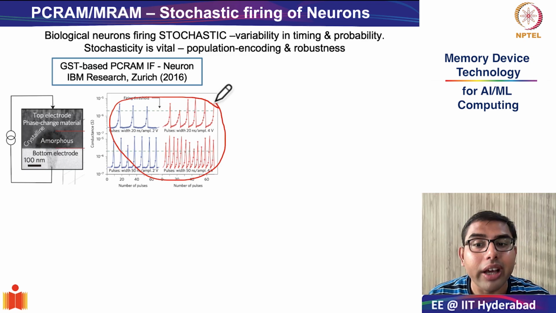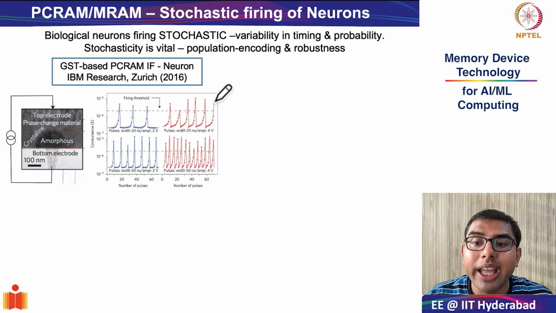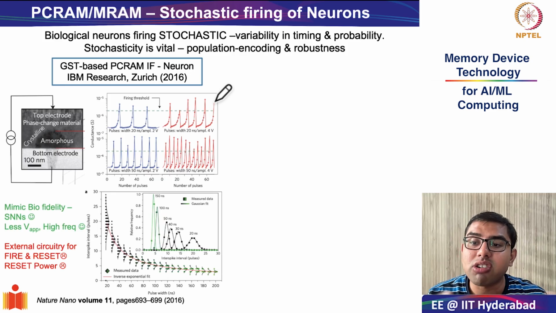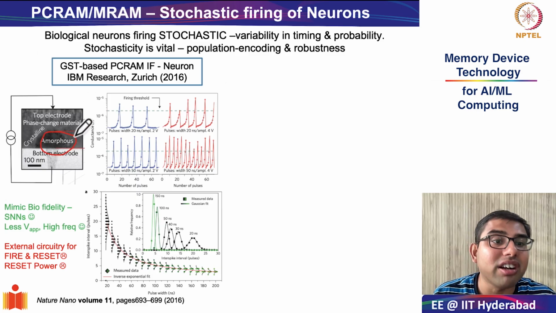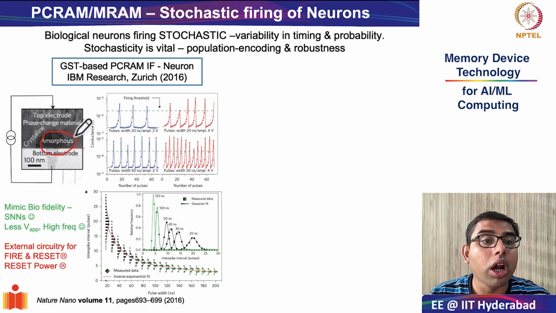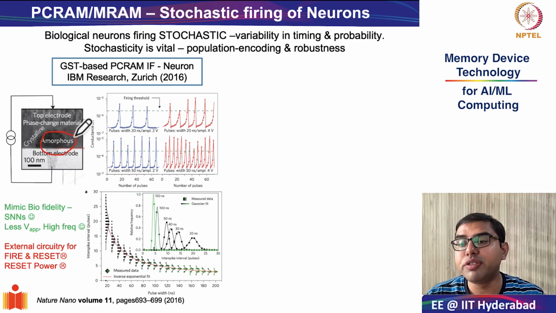this particular graph. However, due to the intrinsic atomic and structural fluctuations within the amorphous GST region, remember the switching characteristics of your PC-RAM devices, and these fluctuations result in cycle-to-cycle variability in the firing times of these neurons.